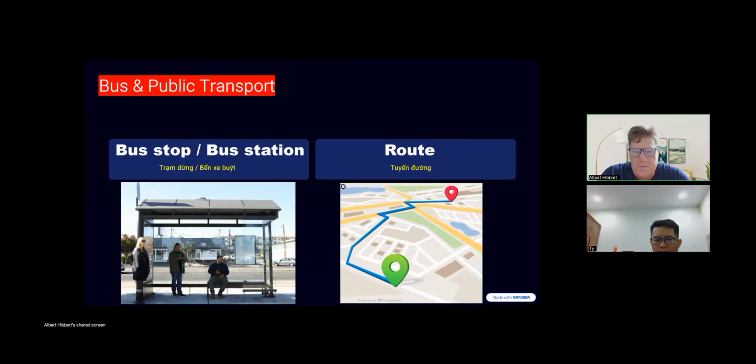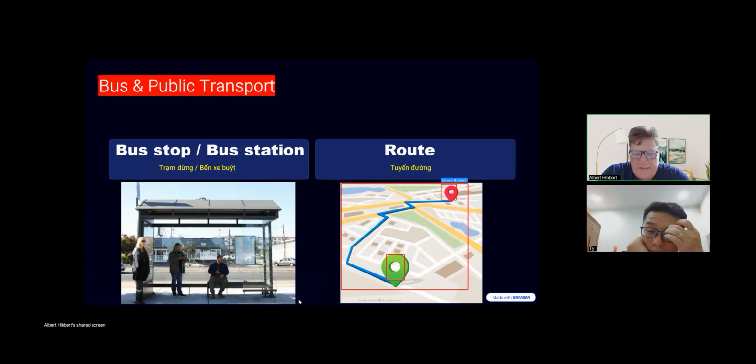So if you take a taxi and you give the address where you want to go to the driver, he will put it on Google Maps, and then Google Maps will show him the route from where you are departing from to where you are going.